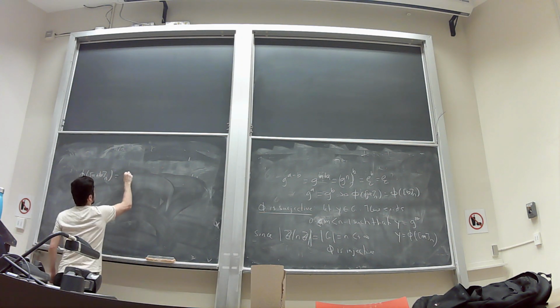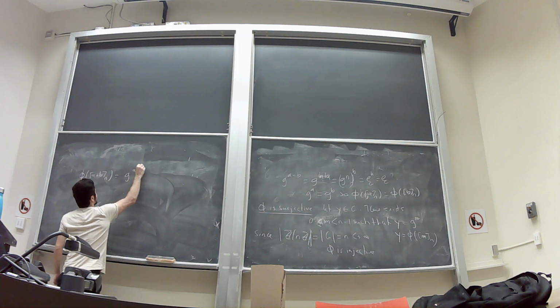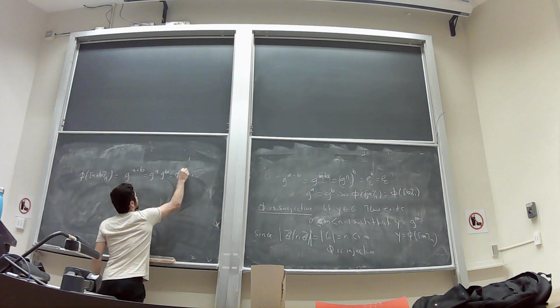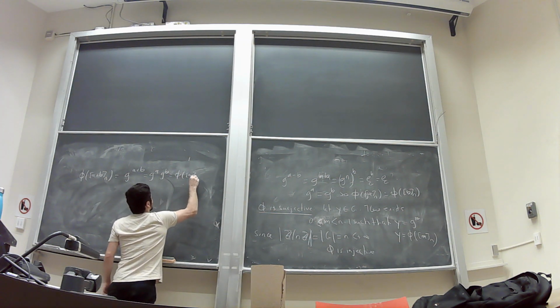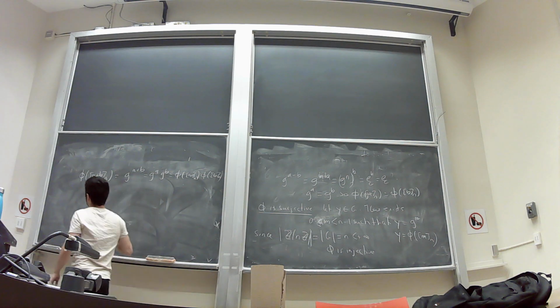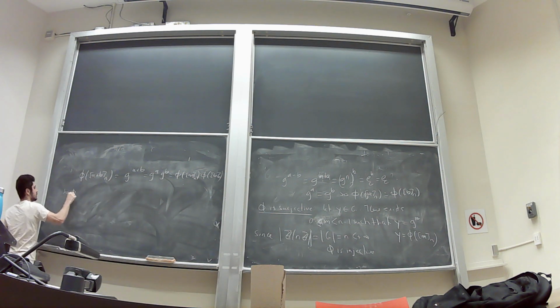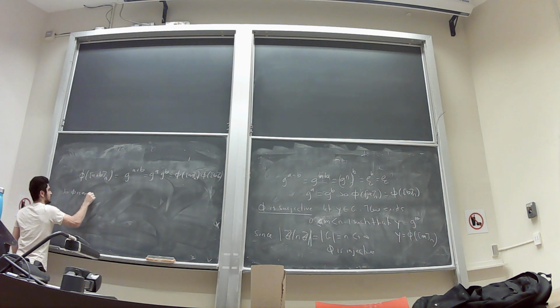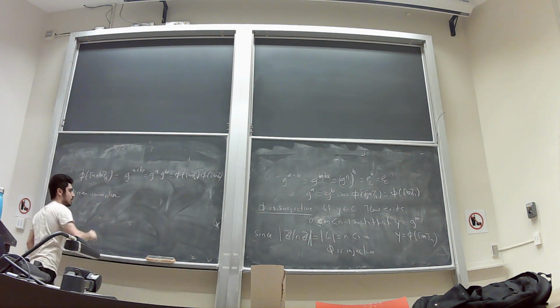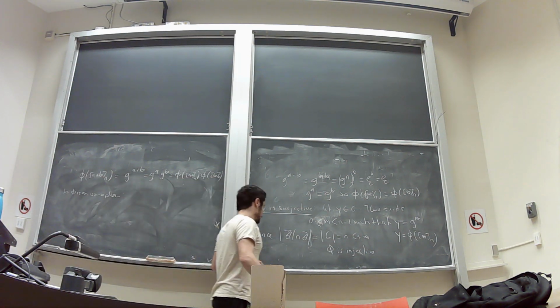This is just g to the a plus b, which is g to the a times g to the b, which is phi of a times phi of b. So phi is an isomorphism. Okay? Great.